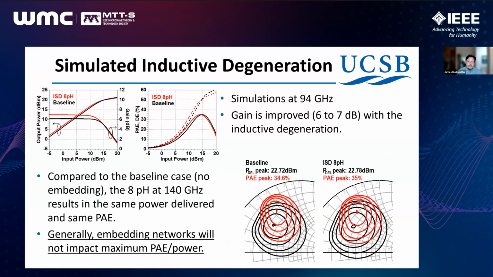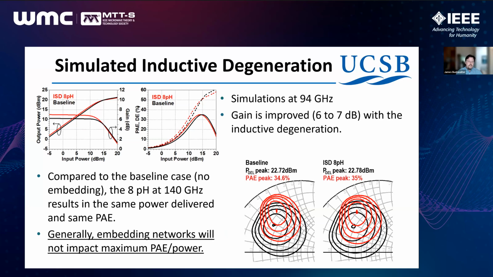Another way to look at this is, if I have a way to introduce inductive feedback in my process, that's probably going to be lower loss than, for instance, adding a negative capacitor. In some other cases, like in FETs, the opposite might be the case.